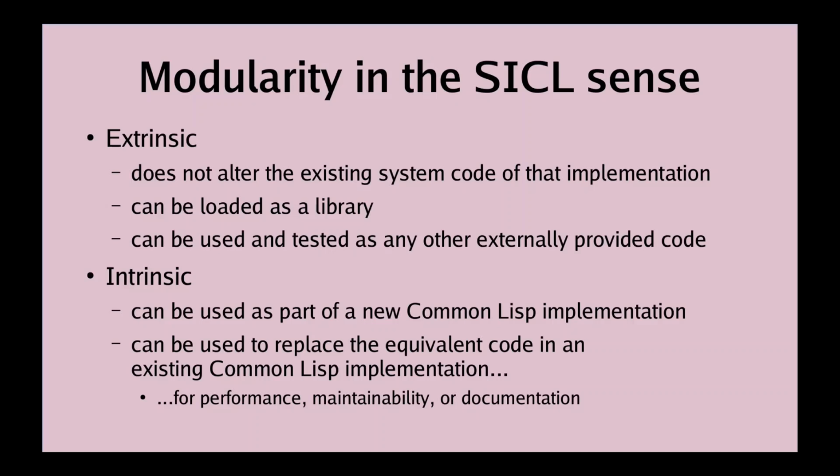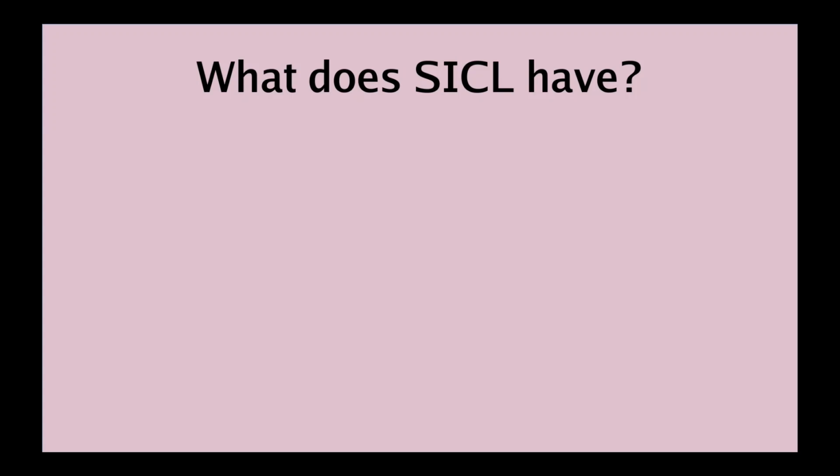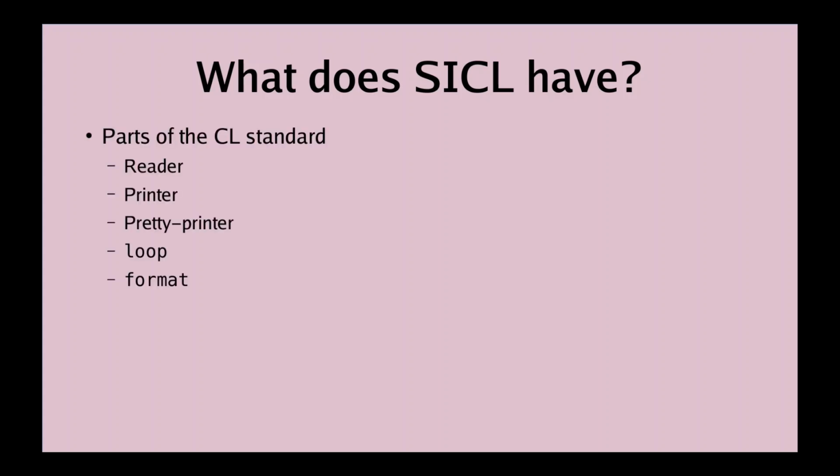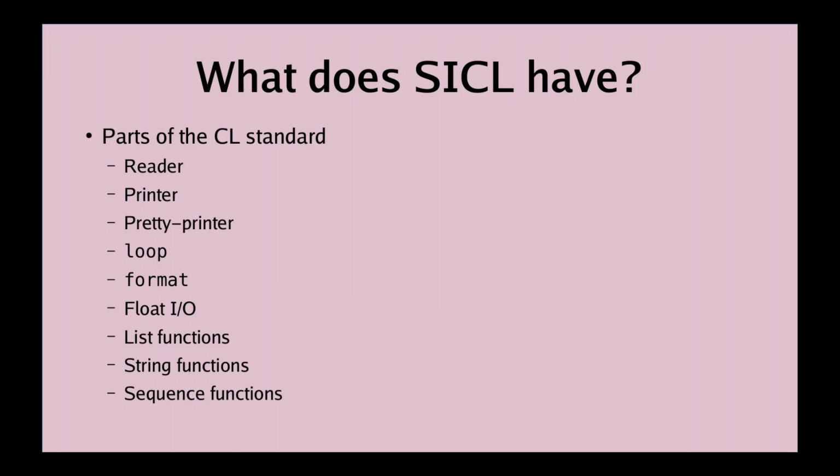And what does it mean in this case? I will talk in a moment about what is currently done as a part of the SICL project. There are quite many parts of the Common Lisp standard: the reader, printer and the pretty printer, an implementation of the loop macro, the format macro, but wait, there's more. There are floats, input and output routines, the standard functions for lists, strings and sequences, and there's more.